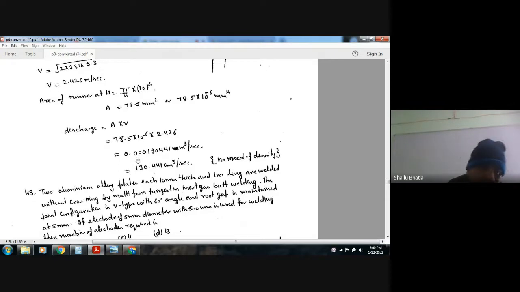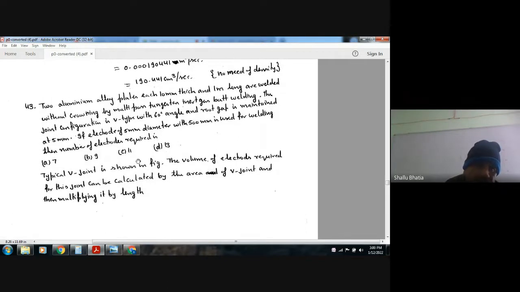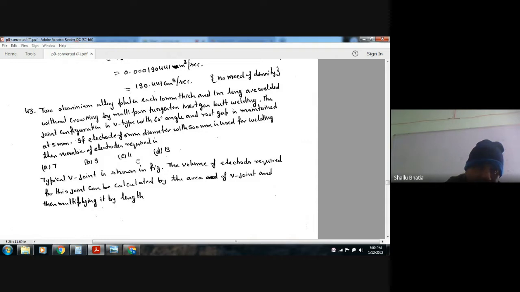Next, two aluminum alloy plates, each 10 mm thick and 1 meter long, are welded without crowning by multi-pass tungsten inert gas butt welding. The joint configuration is V-type with a 60-degree angle, and the root gap is maintained at 5 mm.